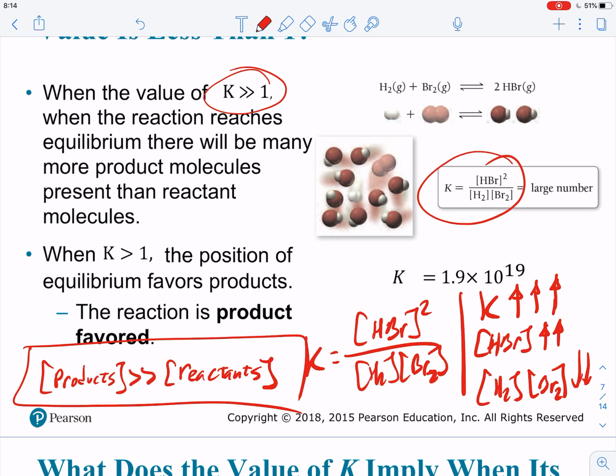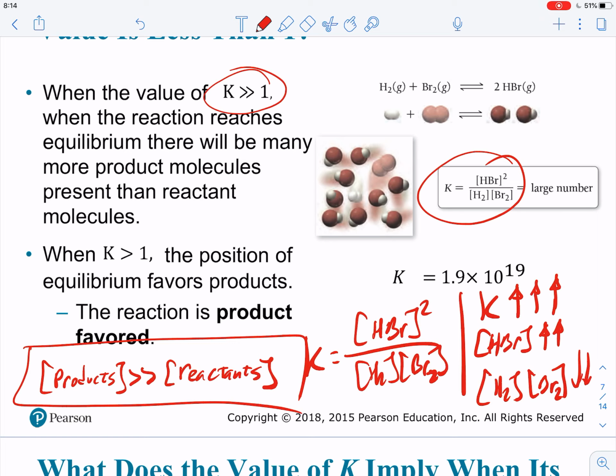When you have an equilibrium constant that is really large, then normally the language that you use is that the products are favored. Why are the products favored? Because the concentration of the products is much larger than the concentration of the reactants.